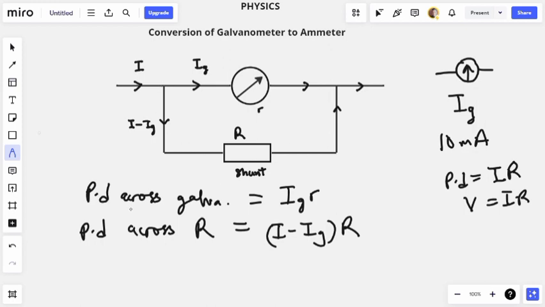So it is safe for us to now say that the potential difference across the galvanometer is equal to the potential difference across the shunt, or across R.